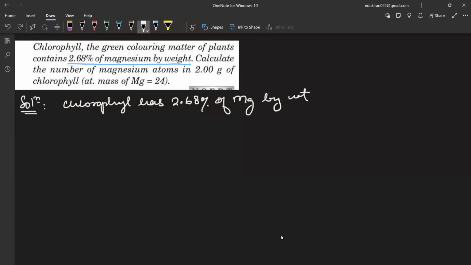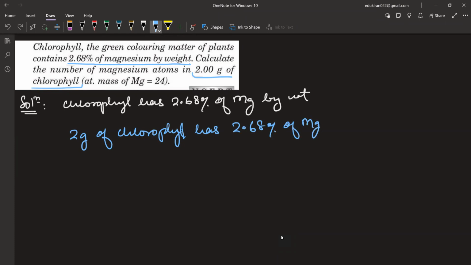Then we have 2 grams of chlorophyll. It will also have 2.68% of magnesium by weight.